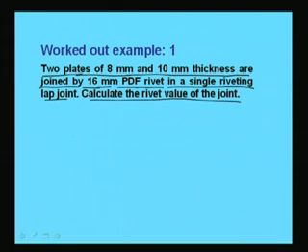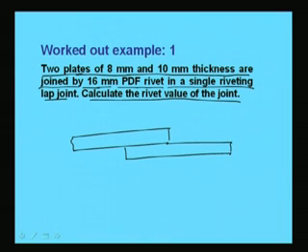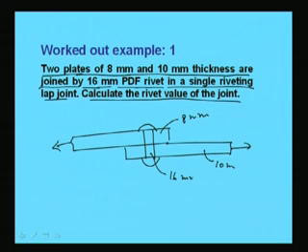So, how to calculate the rivet value of the joint? It is a single riveting lap joint where the rivet is placed like this. We have to calculate the strength of this joint. Plate thicknesses are given, say this is 10 mm and this is 8 mm, and this is a 16 mm power driven field rivet, and this is single riveting.